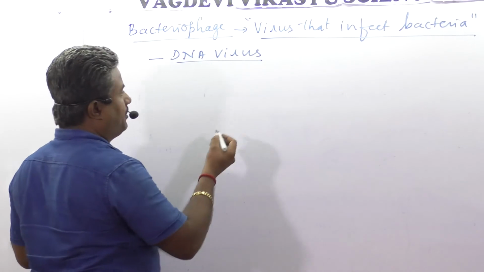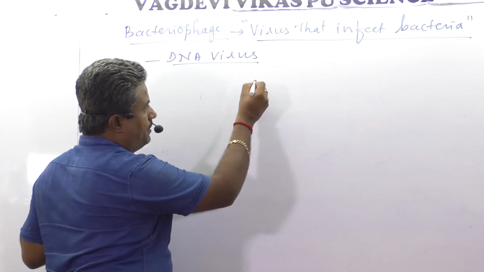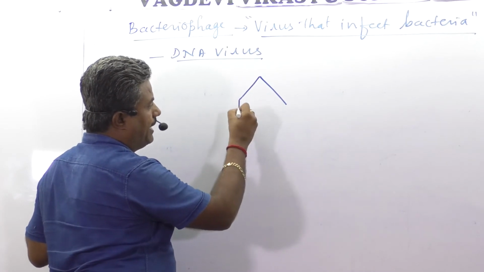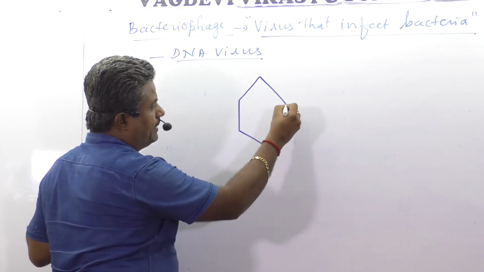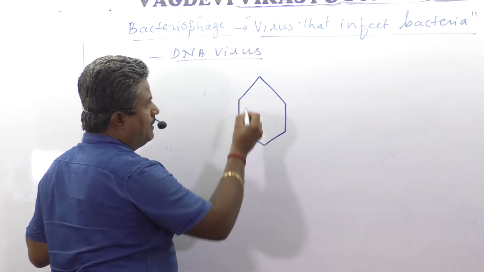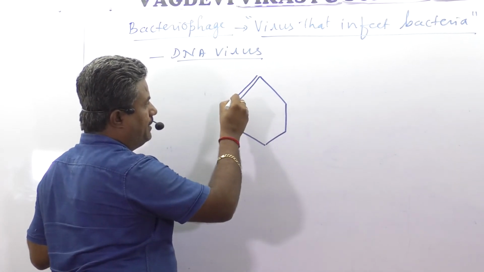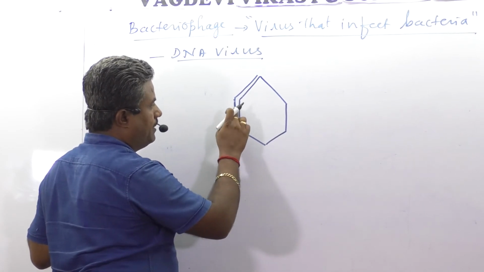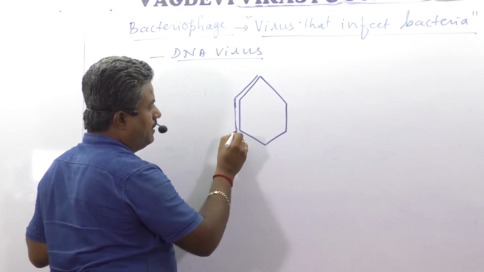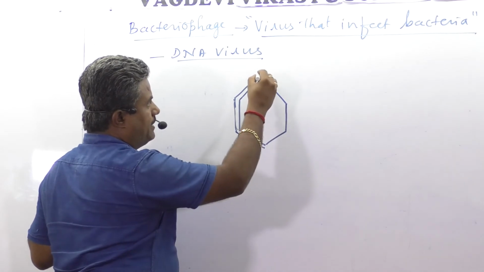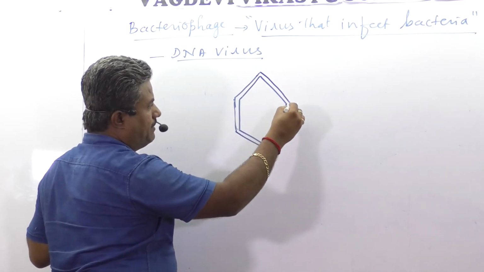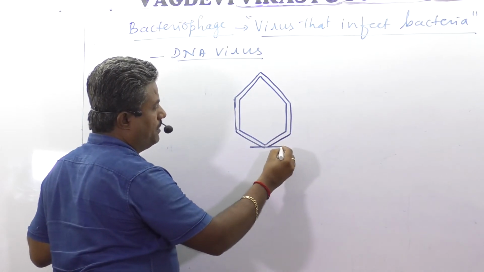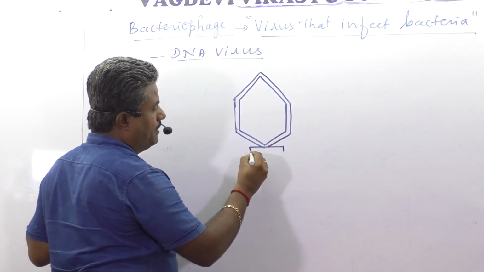What is the structure of bacteriophage? It has a hexagonal head region like this, with a double layer, the outermost covering. This is the capsid, protein coat. This is a small leg.